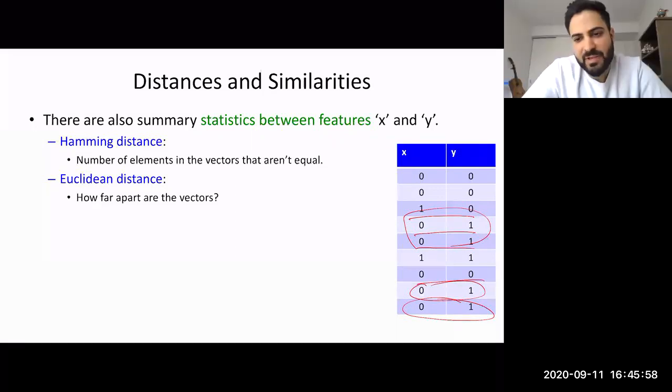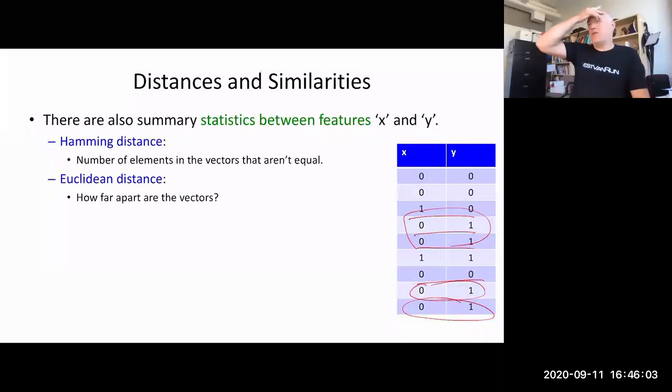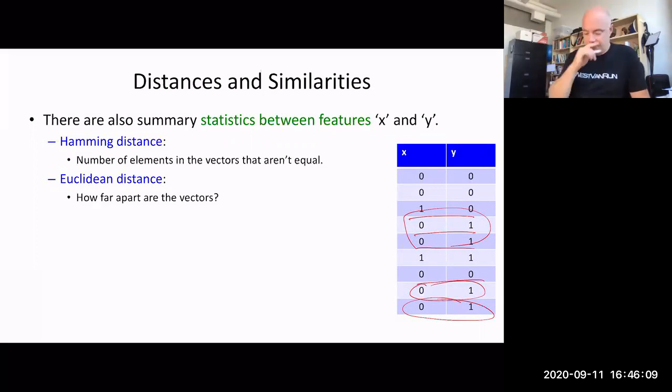What is feature space versus sample space? A feature space is a vector space in which this X feature can live.